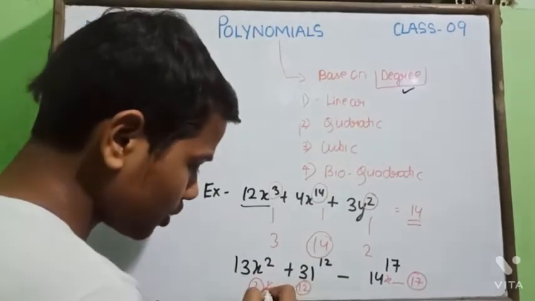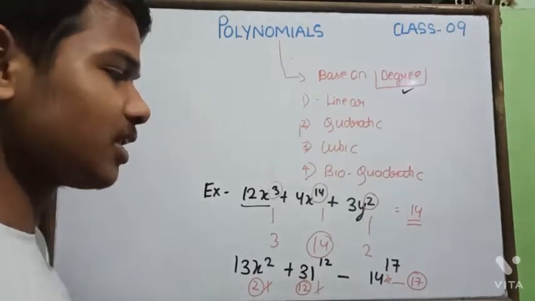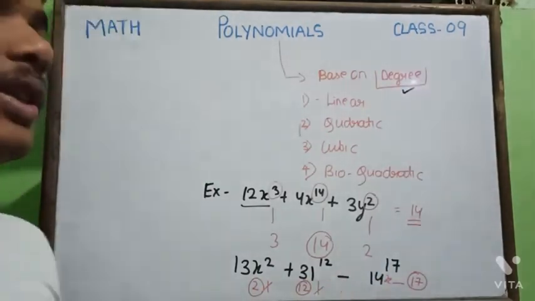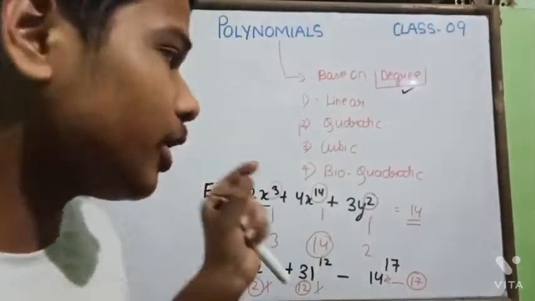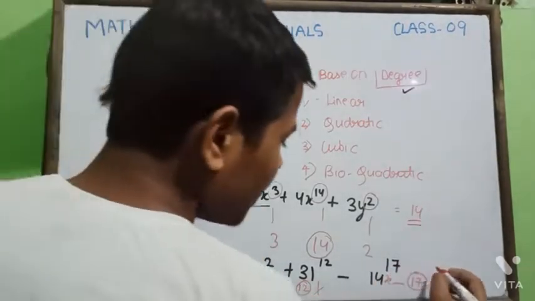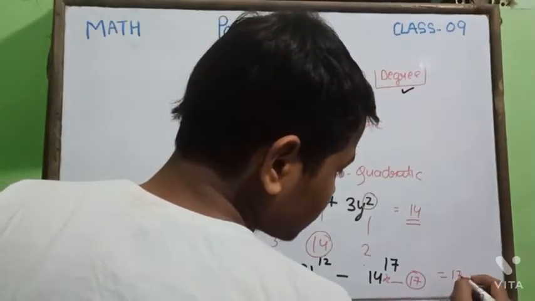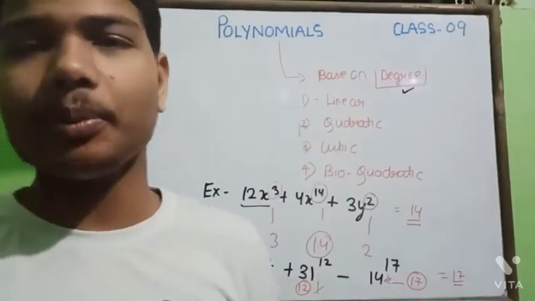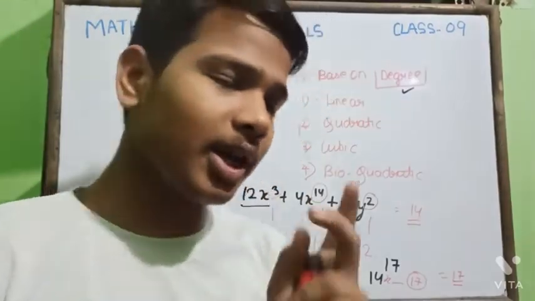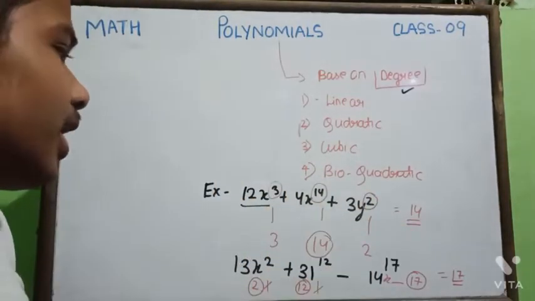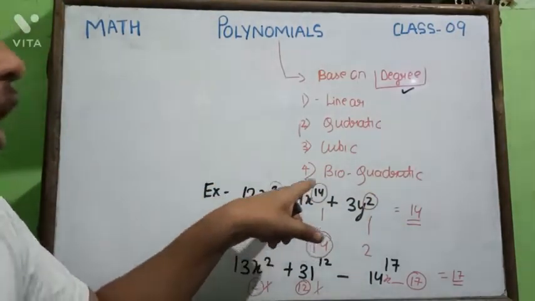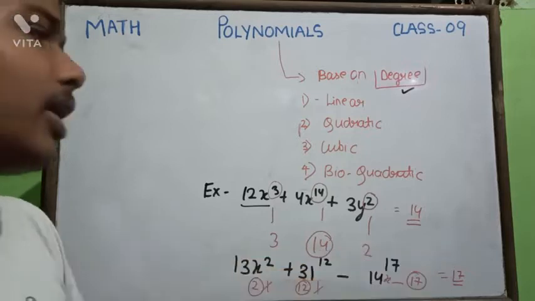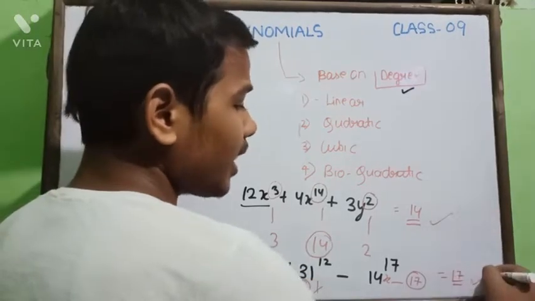No. 12? No. 17. So the degree of this polynomial will be 17. I hope you have understood what is meant by degree. The highest power of any polynomial is called its degree, as 14 and 17.